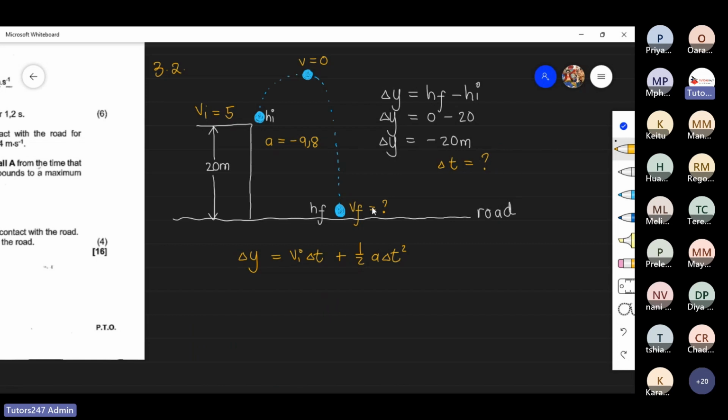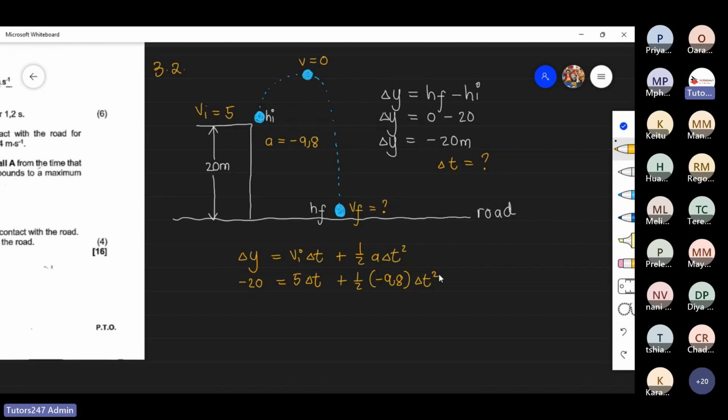Our delta y is given as negative 20. Our initial velocity is given as 5. Delta t is unknown. And a is given as negative 9,8 times delta t squared. So from here, you can see that we now have a trinomial.